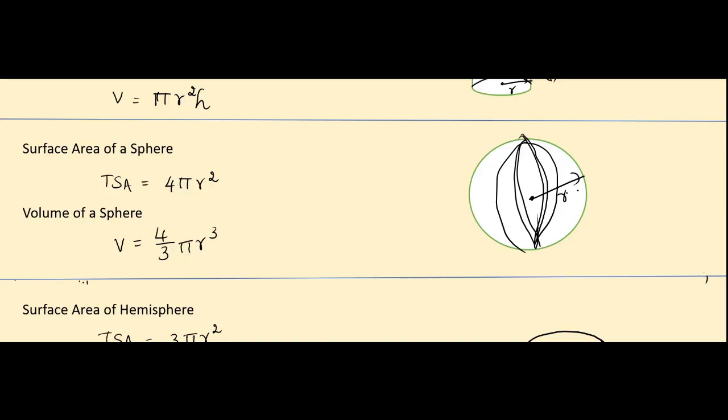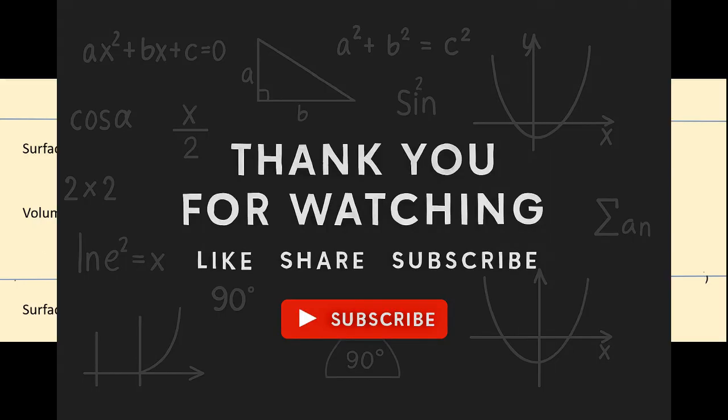Then the total surface area is nothing but 4 pi r square. Here there is no lateral surface area because only one surface is present, so there is no lateral or CSA. Next, the volume of a sphere is nothing but 4 by 3 pi r cube. We will use this formula to find the volume of a sphere.